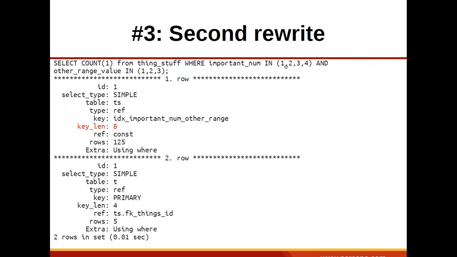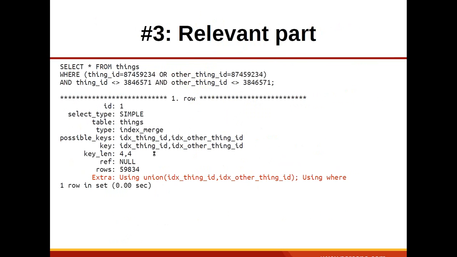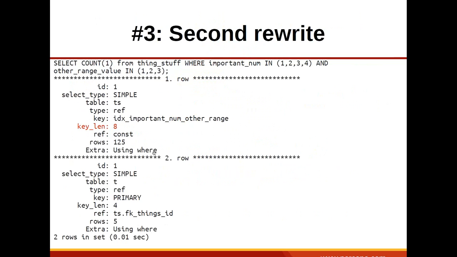If you rewrite this to a query which selects the distinct values, then key length will be 8 and this query will be fast. So let's say that we did a good job on optimizing this. We made it a lot faster.